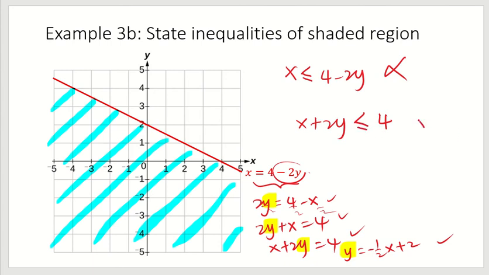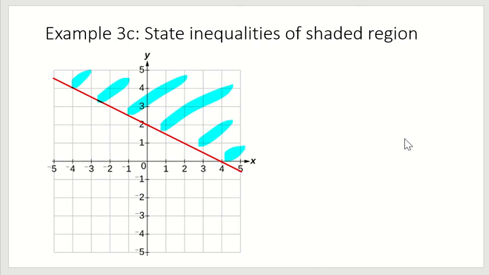Less than or equal to 4. This one only is correct. Okay, understand? Can follow? If you want to put 2y less than or equal to minus x plus 4, also can. Understand? Then we go to the next question.